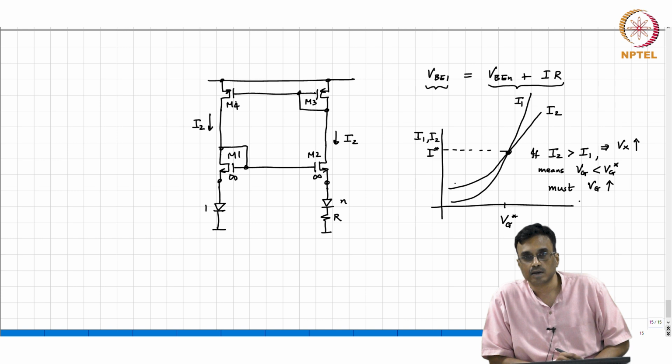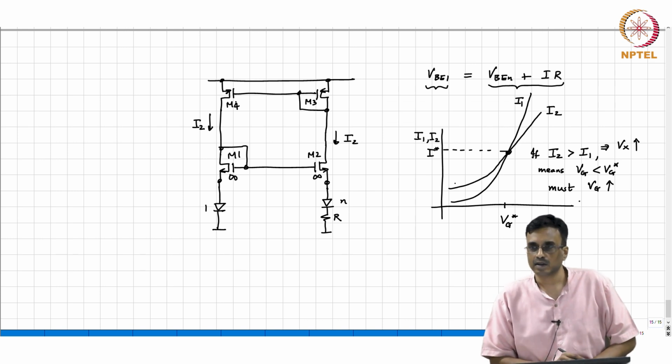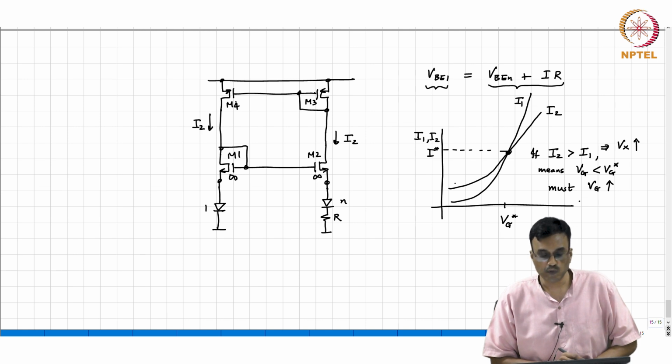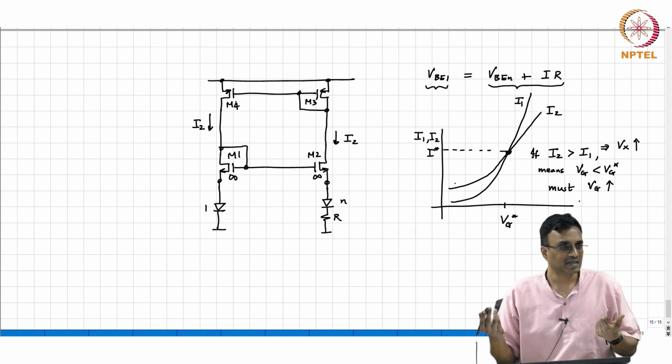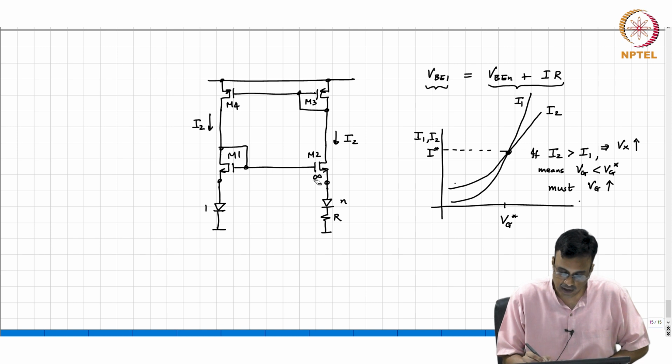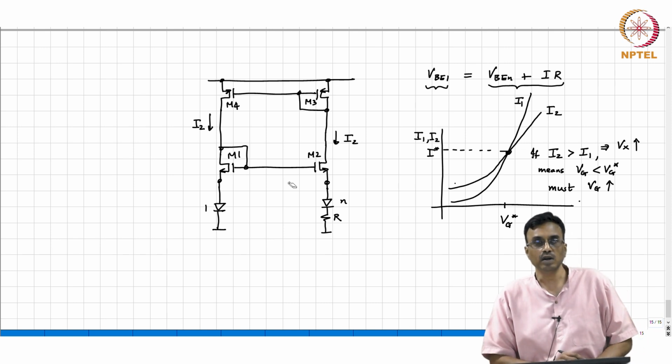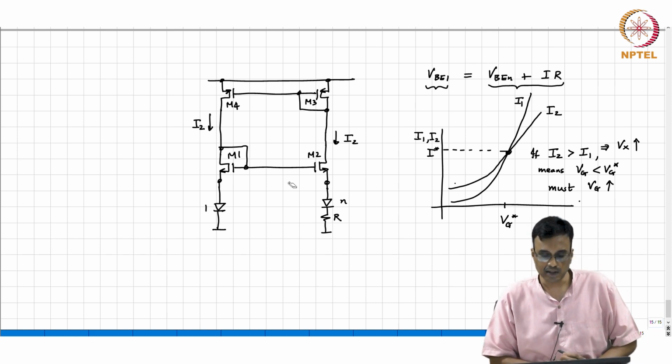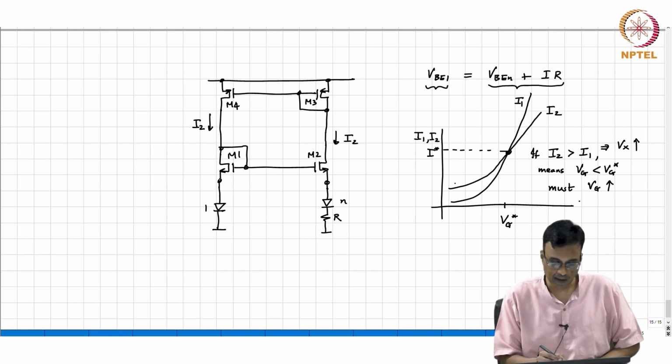M1 and M2, both the transistors carry the same current. So is it necessary that the size be infinite? Why? The overdrive is the same, right? So basically you don't need the infinite size after all. Even with the finite size, you will end up with the same voltage.